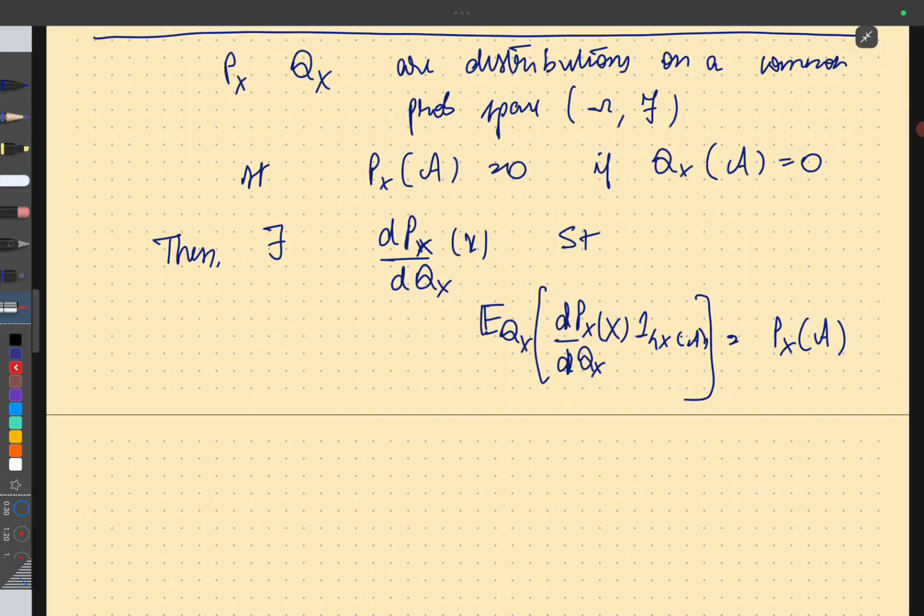This can be generalized a little bit further. So in principle, when do you say that a particular distribution has a valid density? When does there exist a probability density function for a given probability distribution function? Not all distributions have a density. There are some weird distributions for which densities don't exist.